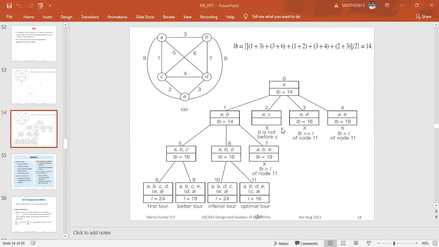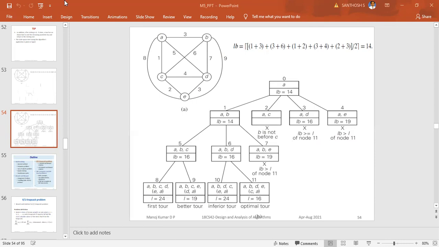So this is the final thing you are getting: the first tour, better tour, inferior, and optimal. So the optimal tour is L is equal to 16. So this one is very near to our lower bound.